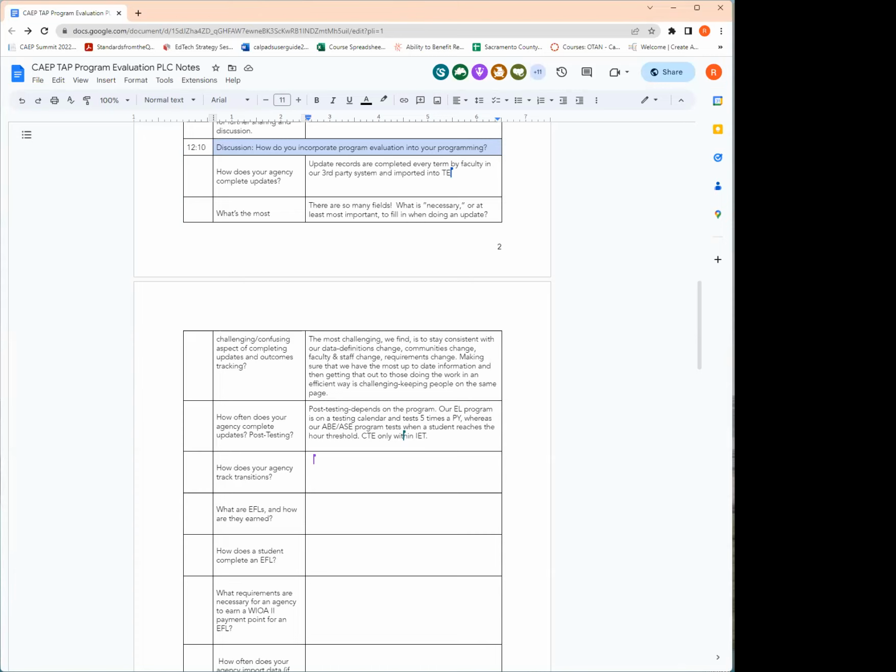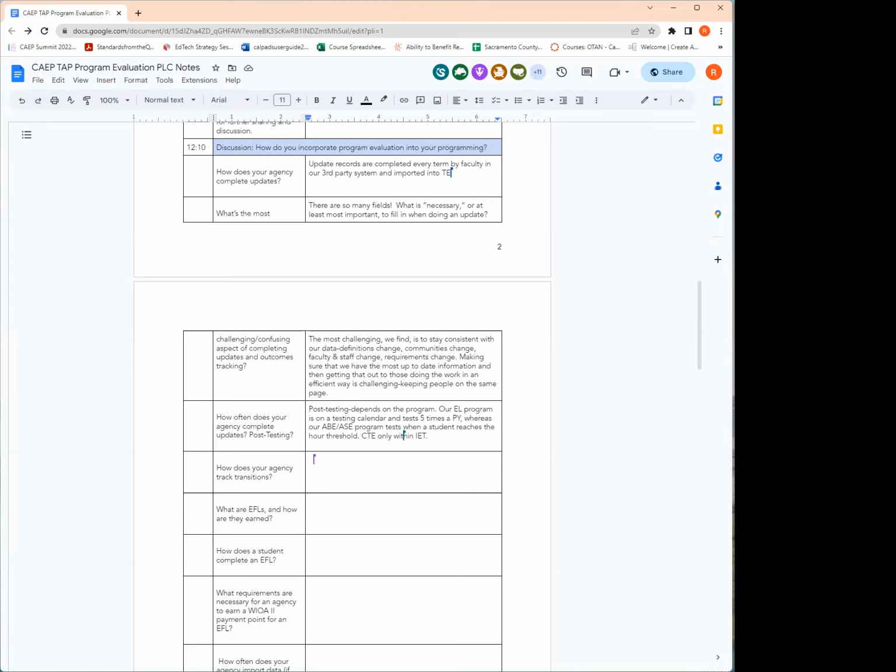I don't mind popping off of mute. I wrote the second one, which is our community has changed a lot over the years. And we have faculty turnover, staff turnover, admin turnover. And so making sure that we're constantly aware of our WIOA and CAPE data dictionaries. What are the changes? What are the updates that need to be made?